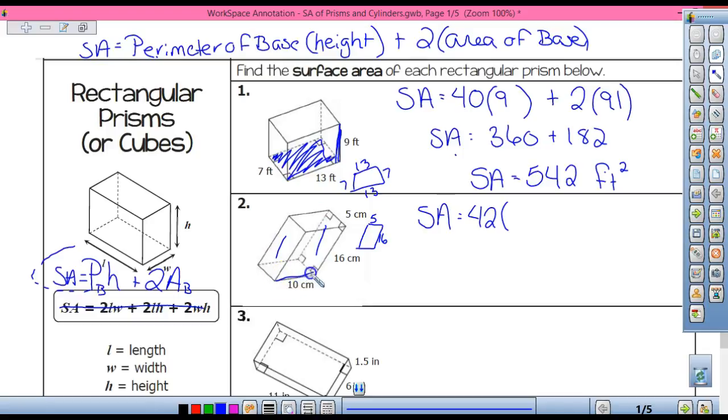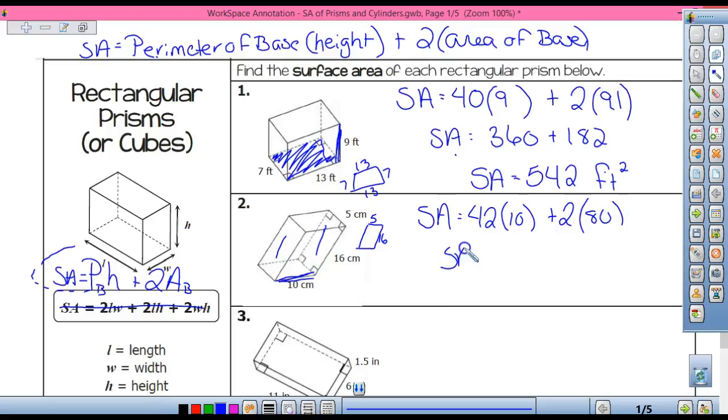My height is 10 because it's the distance between my 2 parallel bases. So if you're using your sides as your base, it's weird because your height becomes that one down there. Plus 2 times, what's the area of that rectangle? 80.